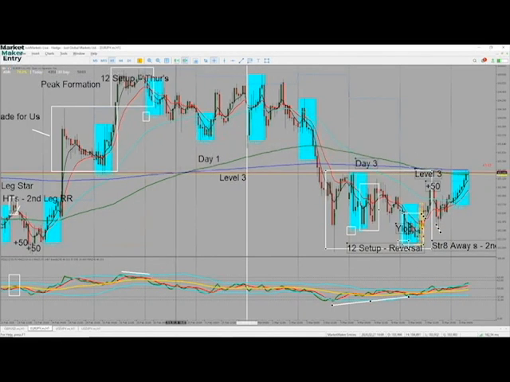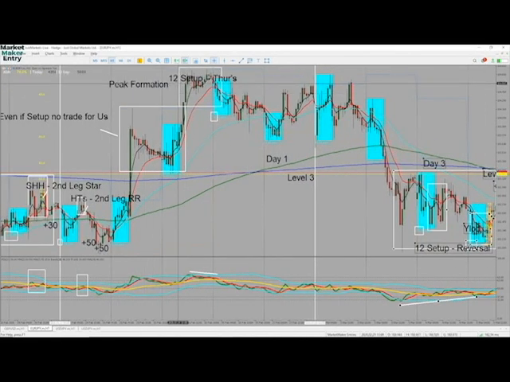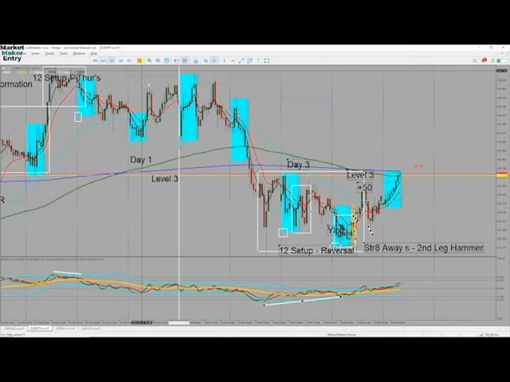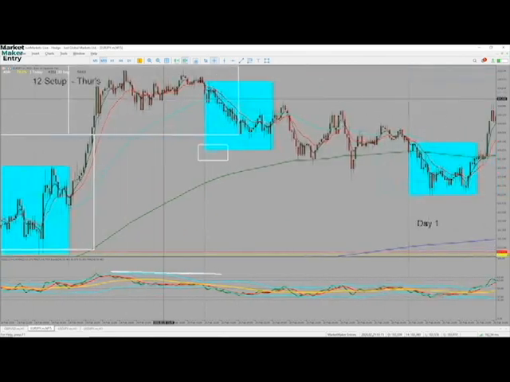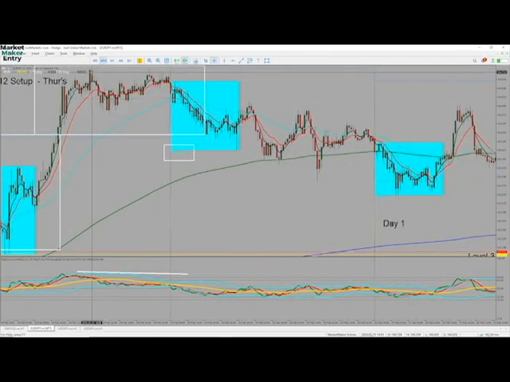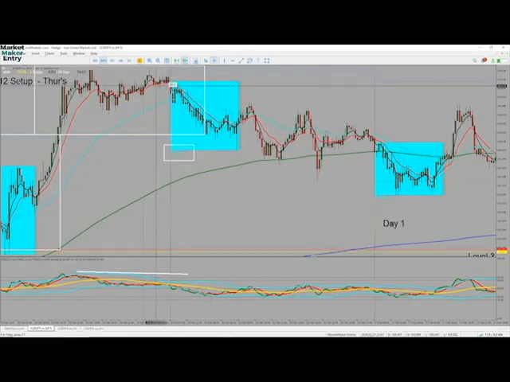That's my explanation. It's coming back from this peak formation, and there's a 12 setup. Let's check it. Oh yes, yes. Matter of fact, it's a 22. Yeah, there's this. I've seen this in Steve's.